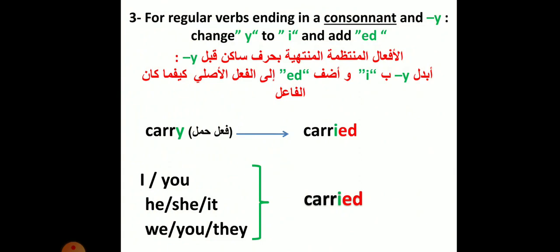Because we have Y at the end of the verb and it is preceded by R, which is a consonant. So a consonant plus Y becomes I plus ED. Carry becomes carried, no matter what the subject is.